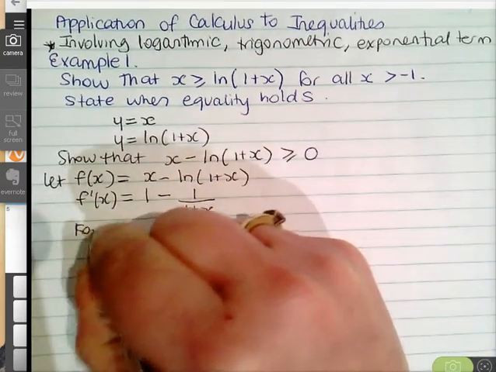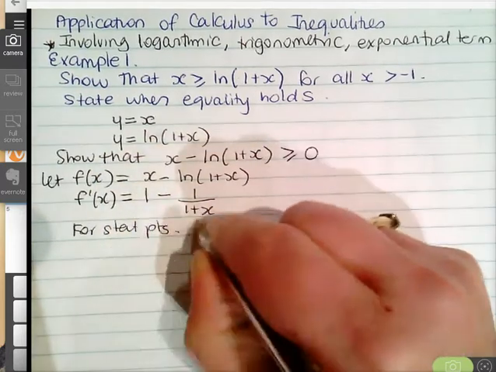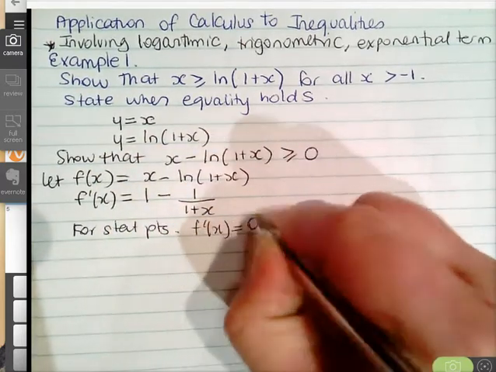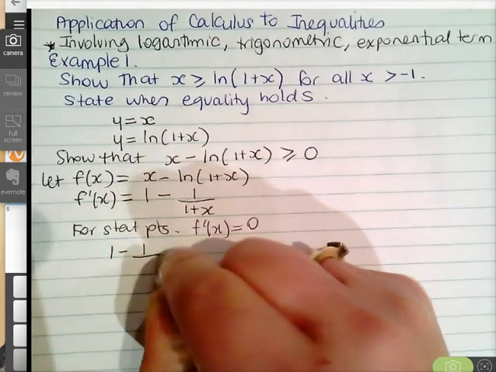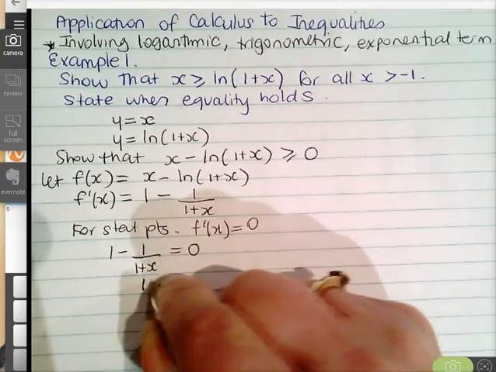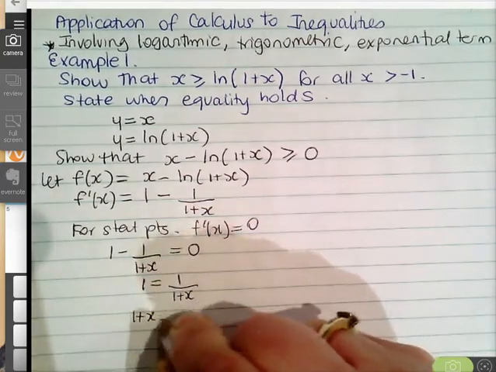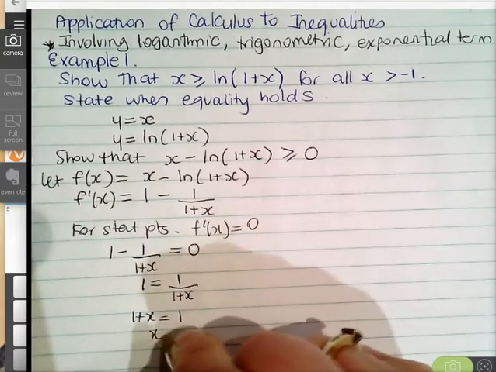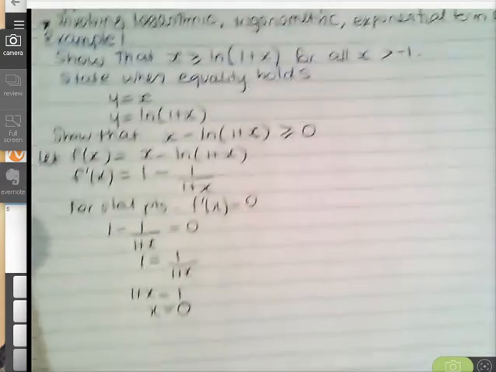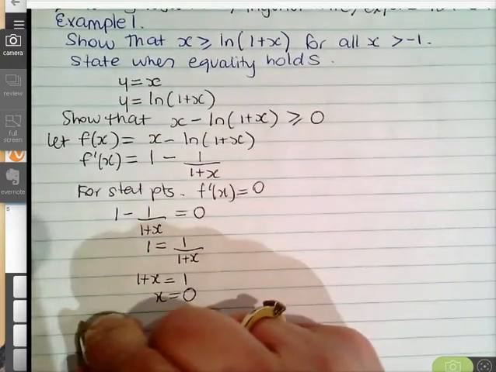Now for stationary points, we know that f dashed x equals 0, so therefore 1 minus 1 over 1 plus x equals 0. In other words, 1 equals 1 over 1 plus x, or 1 plus x is 1. In other words, x is 0. So therefore, we've got a stationary point when x is 0.